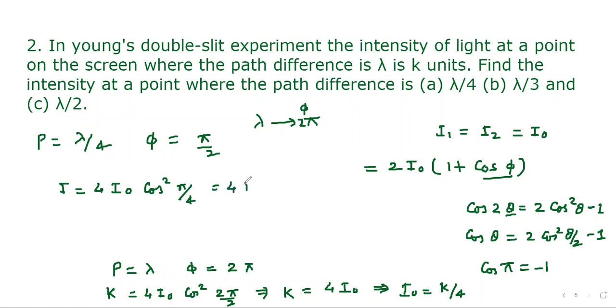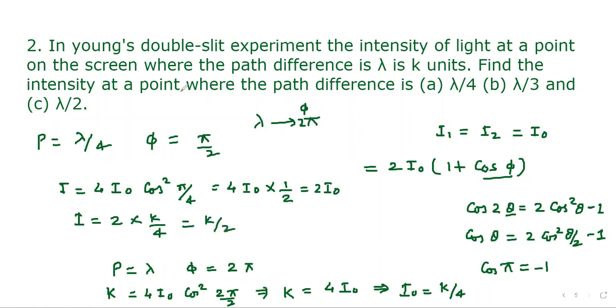So 4 I0 times 1 by 2 is 2 I0. And we have I0 equal to k by 4. So I corresponding to this value will be twice of k by 4, that is k by 2.